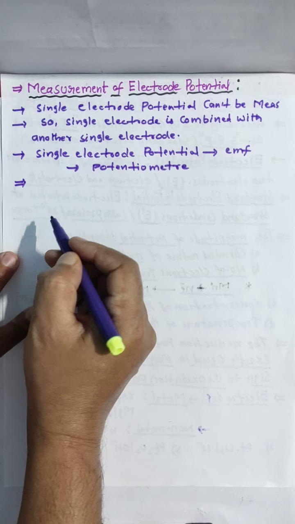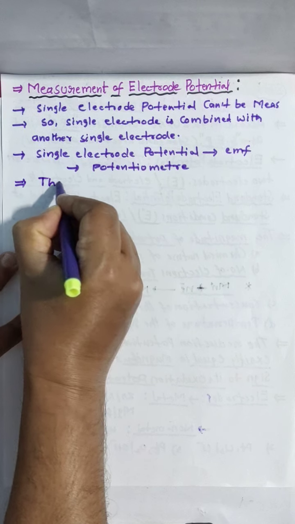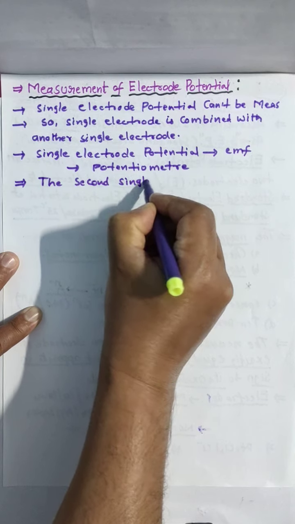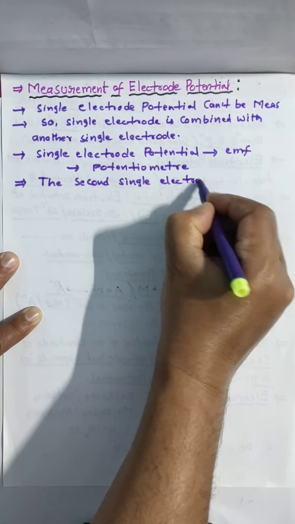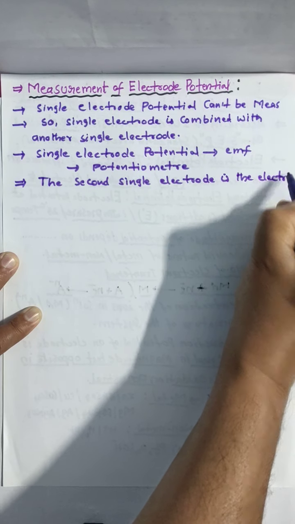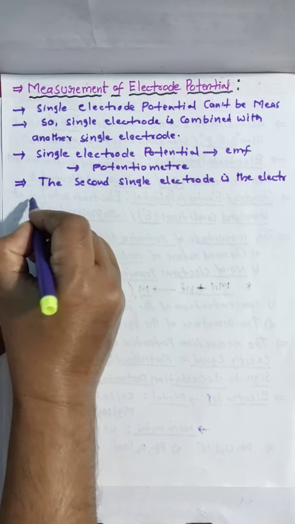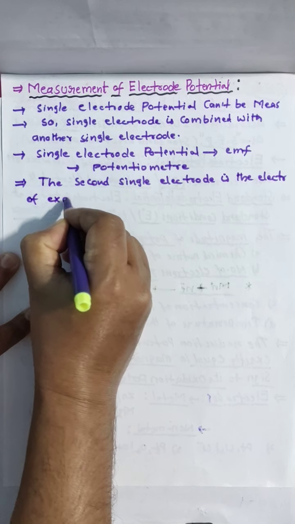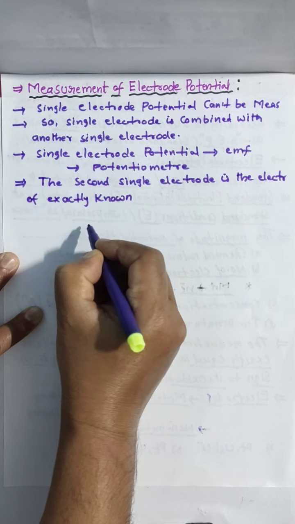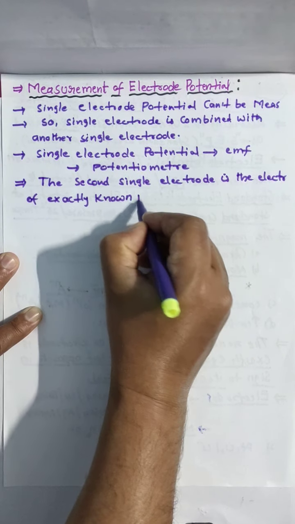Next, the second single electrode is an electrode of exactly known potential.